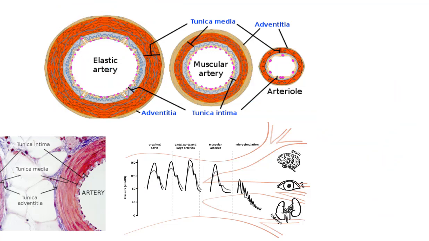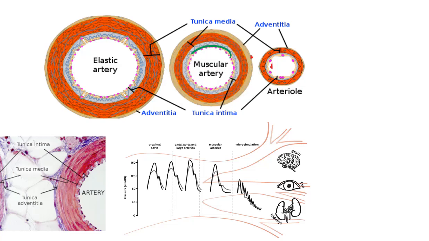So now I'd like to address the muscular arteries. Muscular arteries have more smooth muscle here in the wall. Doesn't look like more because they're smaller, but in total, compared to the distance across the lumen where the blood is, the amount of tunica media is actually proportionally much larger than it is in the elastic artery.